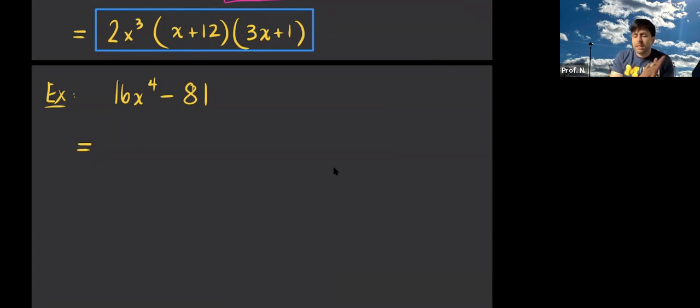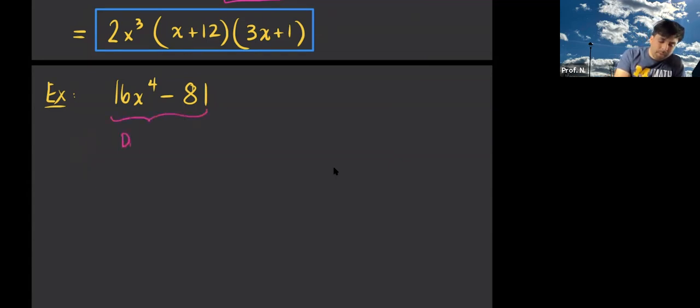What kind of numbers are 16 and 81? 16 is also known as a perfect square. That's right. And 81 is also a perfect square. So I can write those as perfect squares. And is x to the fourth a perfect square? Is it possible to rewrite x to the fourth as something squared? Yes.